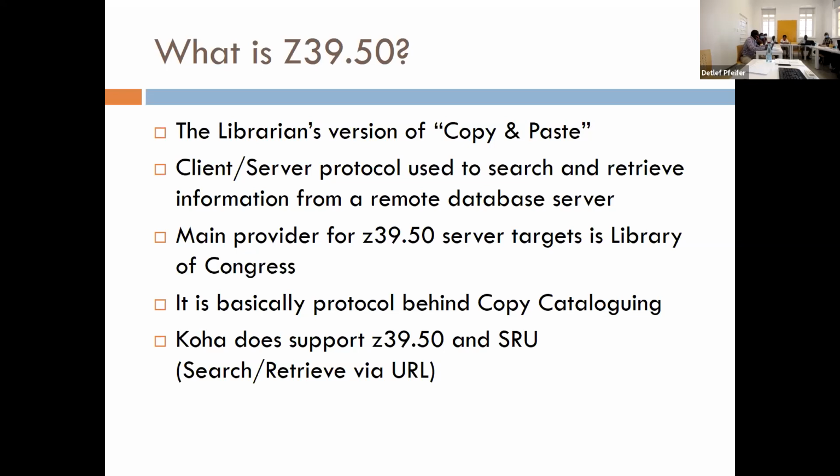And I think testers can confirm this with their library; I think we work together to add some libraries elsewhere from which they can copy records into their own catalog. So there are two competing protocols. There is Z39.50 and also SRU, which is search retrieve via URL. But what is most widely used is the Z39.50 protocol. So that's just the protocol behind copy cataloging.